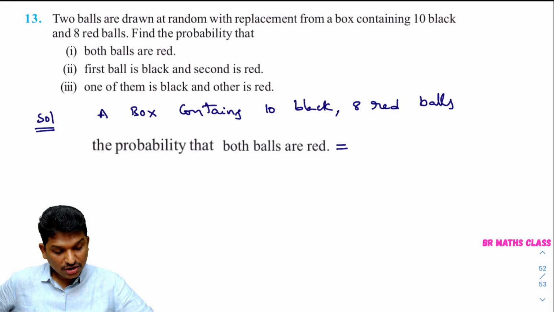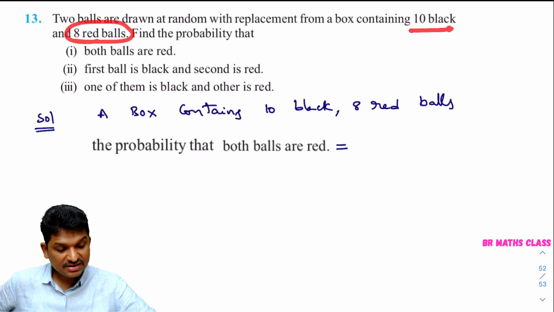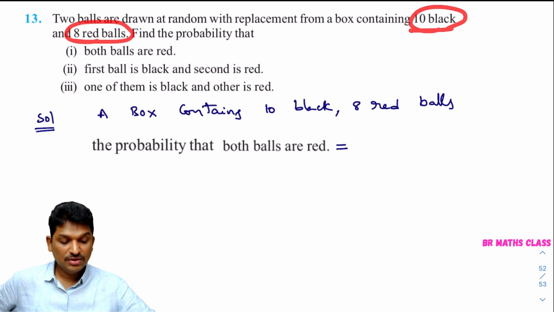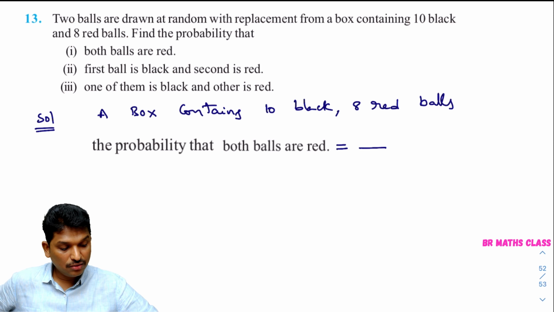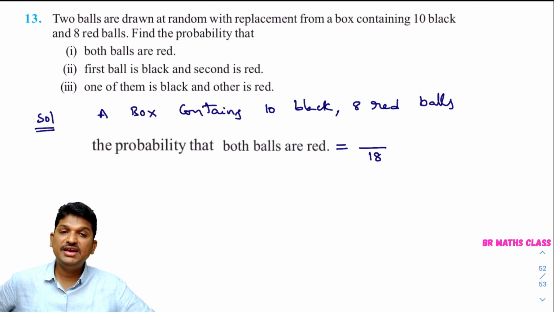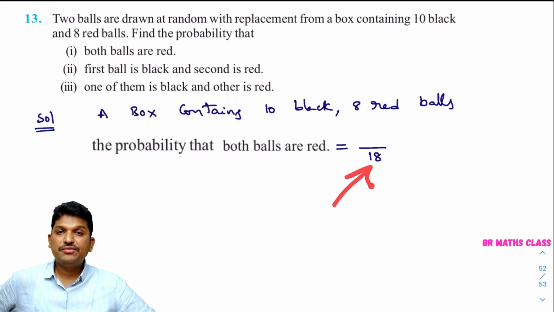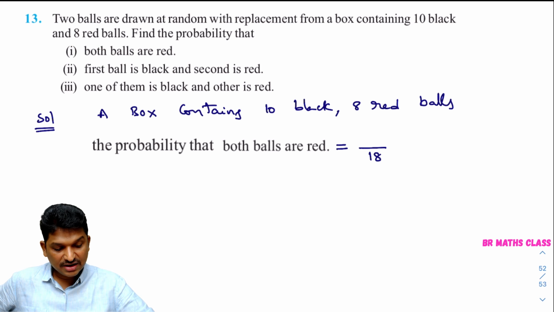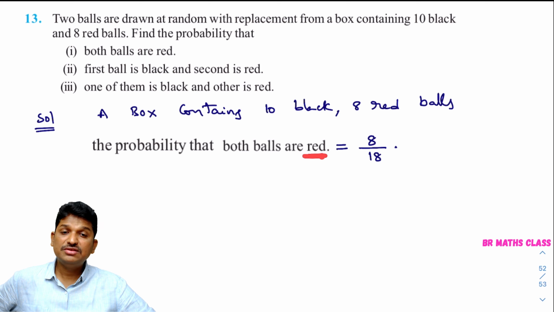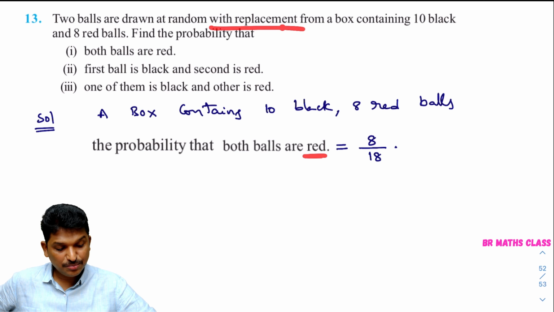See, total how many balls are there? 8 plus 10, total 18 balls are there. So when you pick one ball from the bag which contains 18 balls, total number of results is 18. So what is the probability that it is red? In that, 8 red balls are there. So this is 8 by 18, into the probability that the second ball is also red, and we are doing this with replacement.